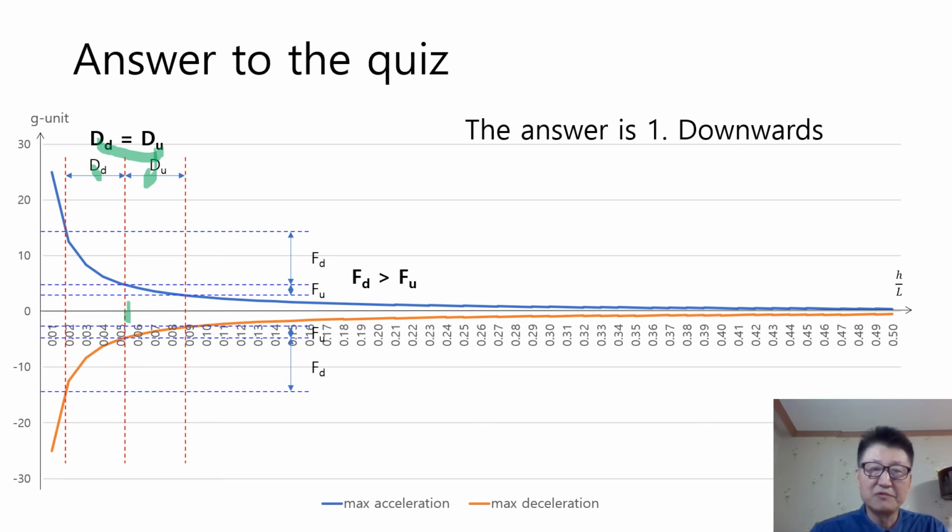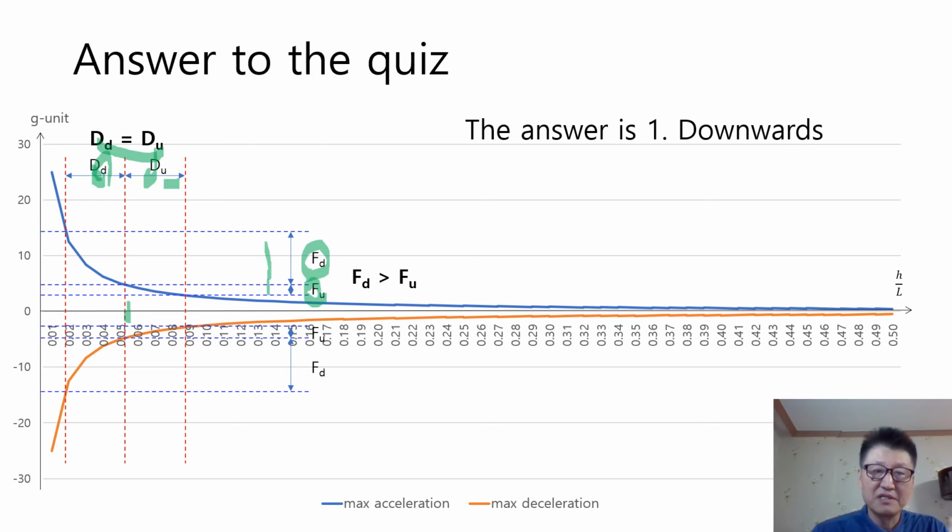When it moves upwards as much as this u, the corresponding variation of forces is F sub u. And when it moves downwards as much as this d, the corresponding variation of forces is F sub d. As you can see, F sub d is much larger than F sub u.